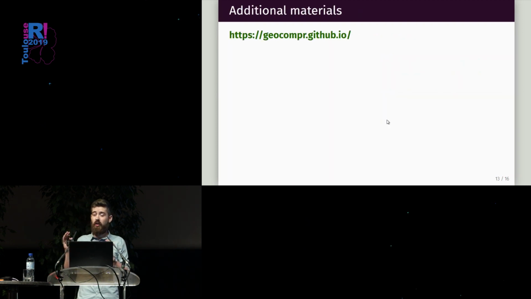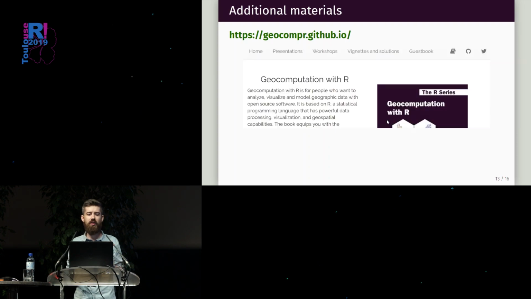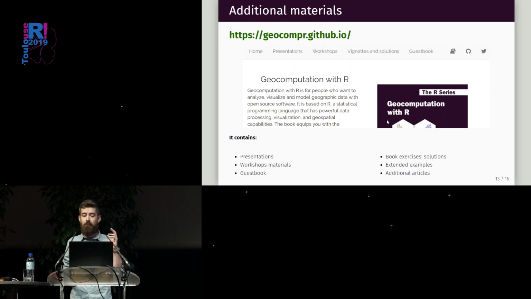So our book is one kind of material, but while writing the book, we found out that there are many things that maybe are too detailed, or maybe not suitable for the book. So we created another web page that you can see here, and that web page contains our materials from conferences, from workshops, but also vignettes and solutions to the exercises in the book.